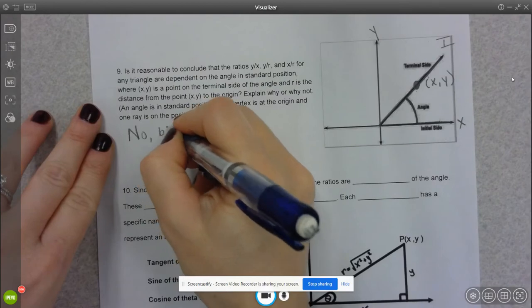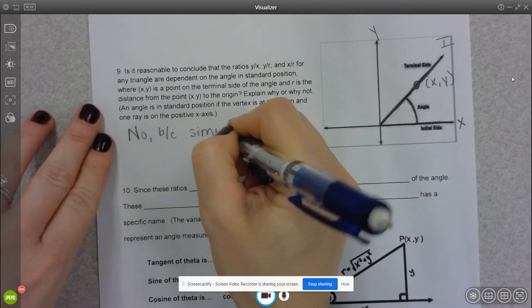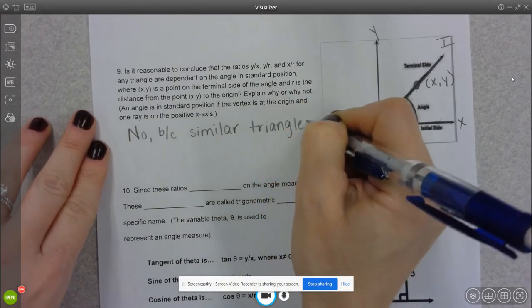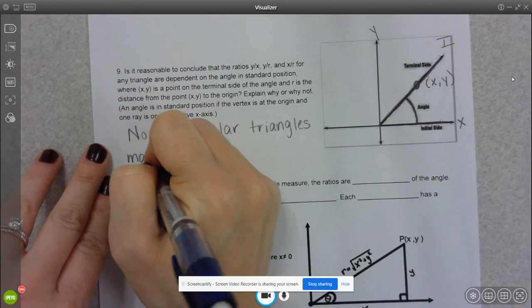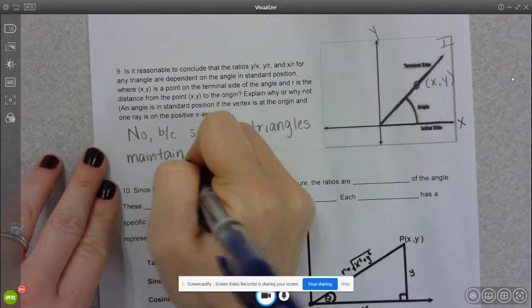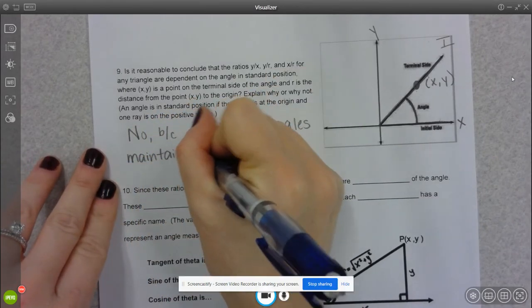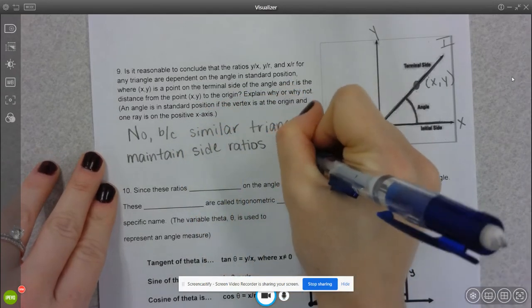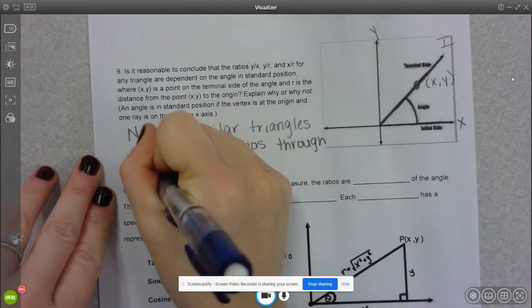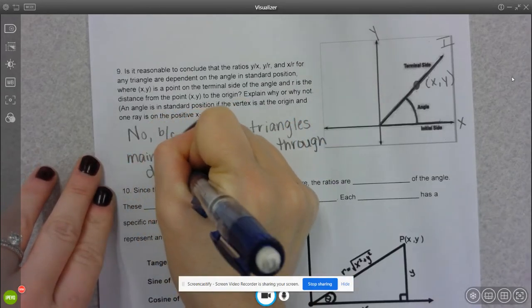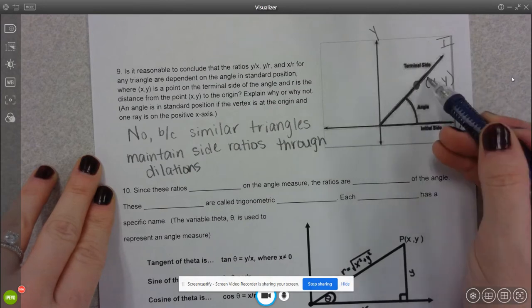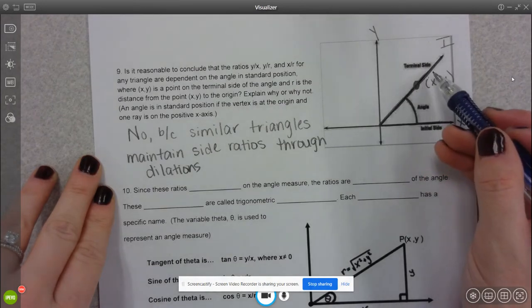Because of what we know about similar triangles, similar triangles maintain the side ratios through dilations. It doesn't matter where I place that point, because I could create any variety of similar triangles along this terminal side.